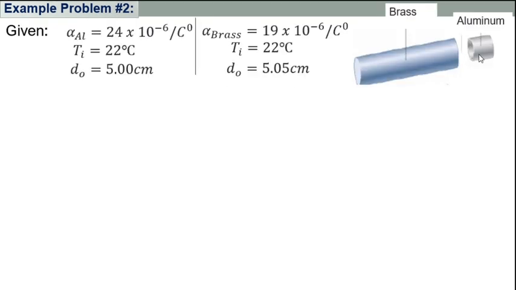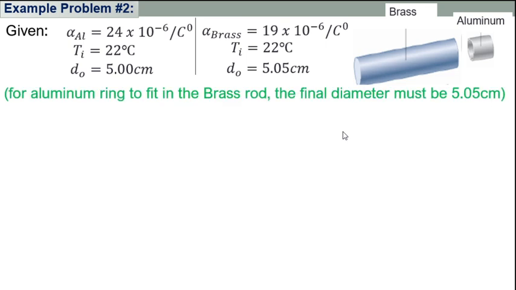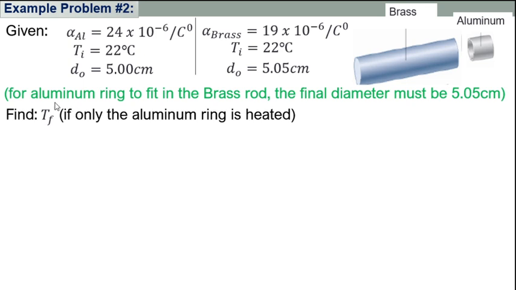If we are about to heat the aluminum ring so that it will expand and fit the brass rod, the final diameter of the ring must be 5.05 cm, which is equal to the diameter of the brass rod. And we will look for the final temperature, or T sub F, of the aluminum ring until it expands to 5.05 cm.